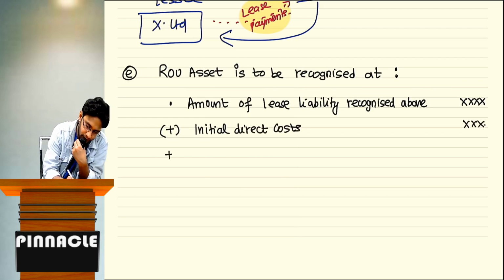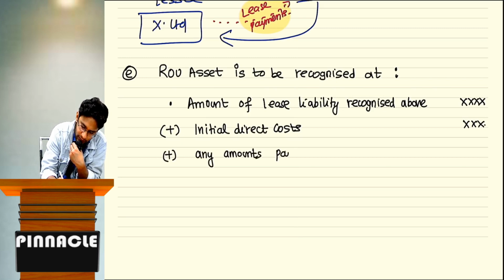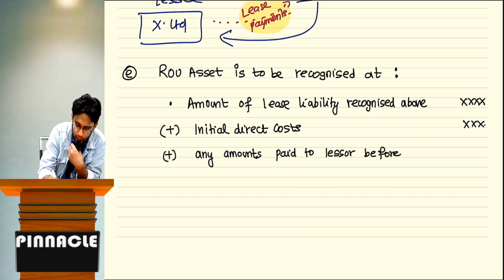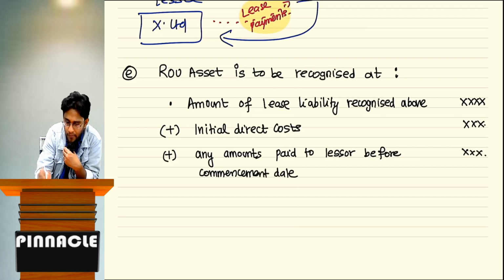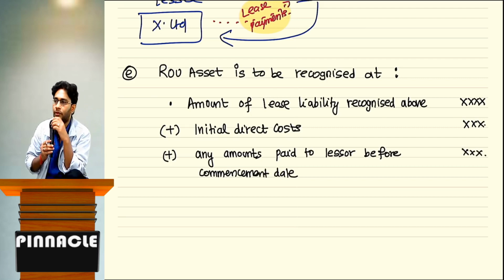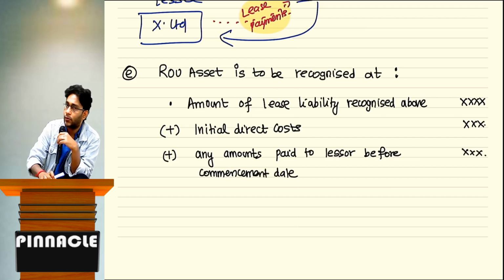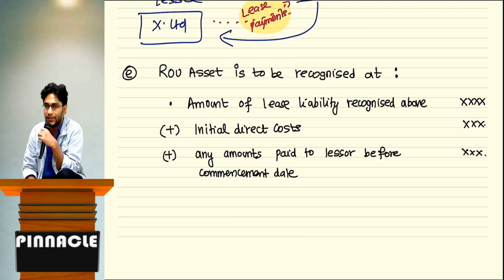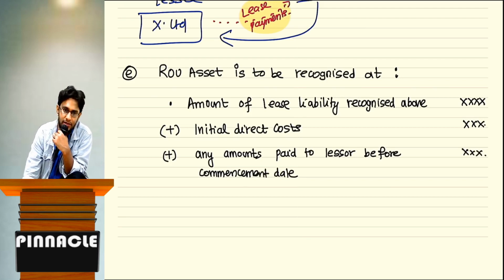Next, any amounts paid to the lessor before the commencement date. Sir, whatever ROU asset to lease liability entry is there, you are recording it on the commencement date.